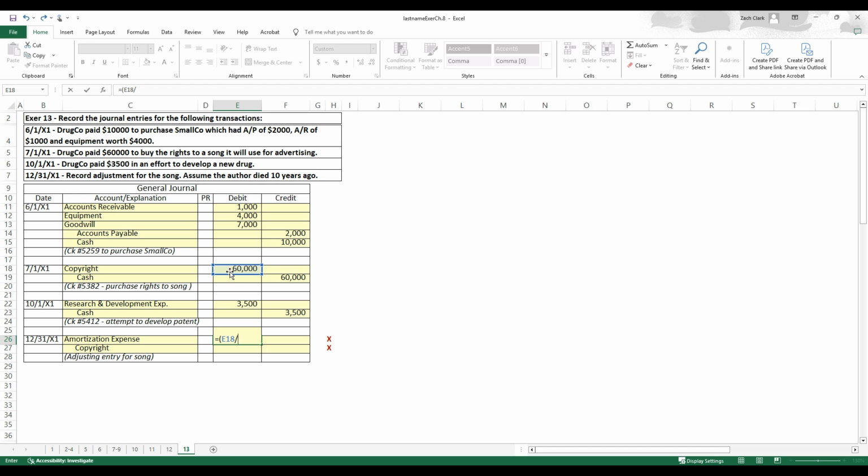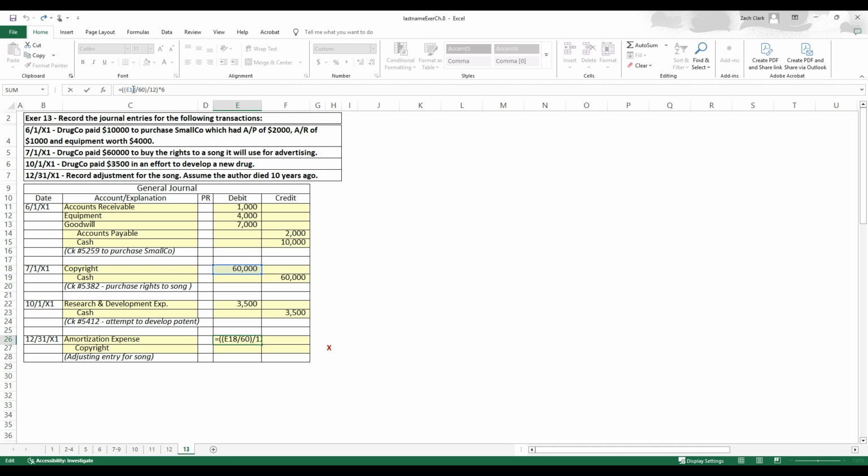So what, we have 60 years. What's 60,000 divided by 60? So it would be 1,000 per year. Divide that by 12 to get per month. And then I said we had 6 months in that first year, right?